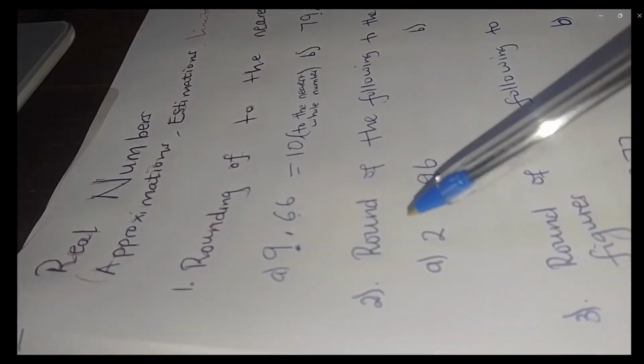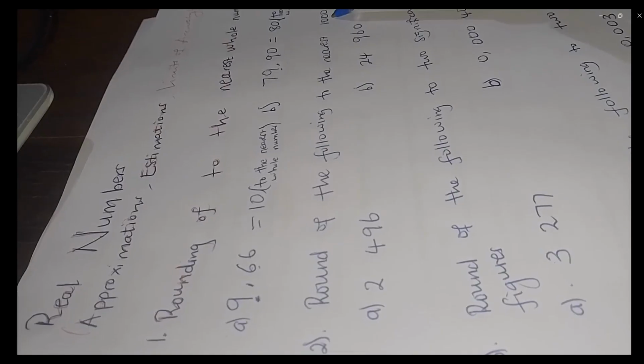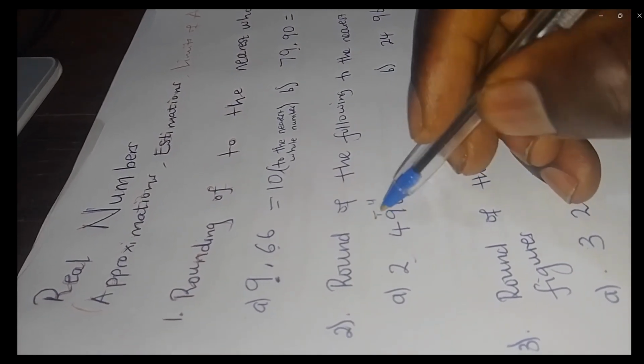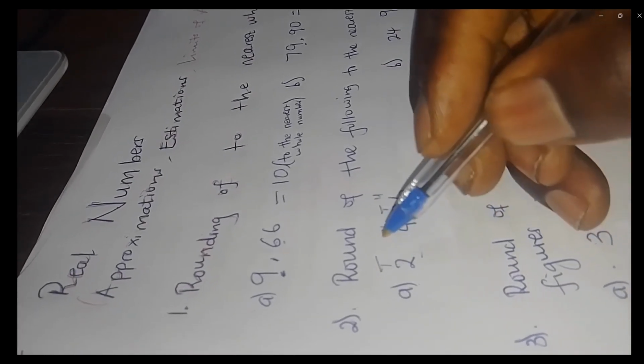The second part of the question is number 2. Round the following to the nearest 1000. For us to round this to the nearest 1000, we need to understand the place value system. These are units, these are tens, these are hundreds, and these are thousands.